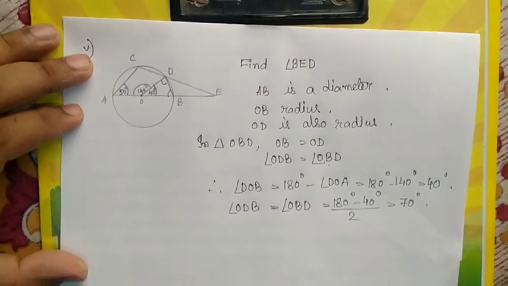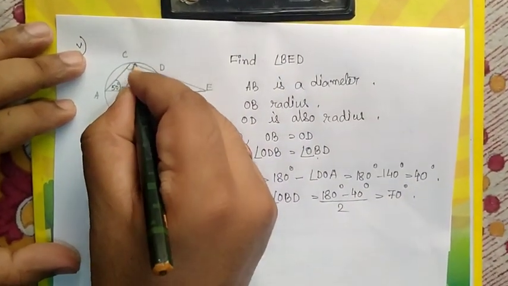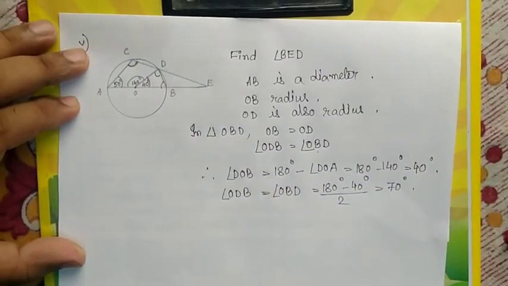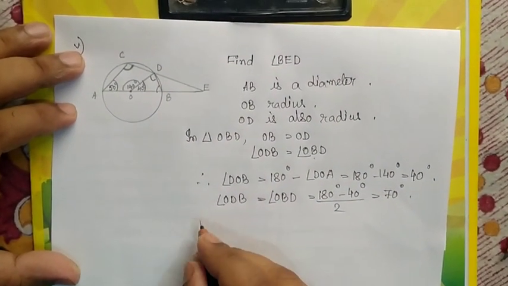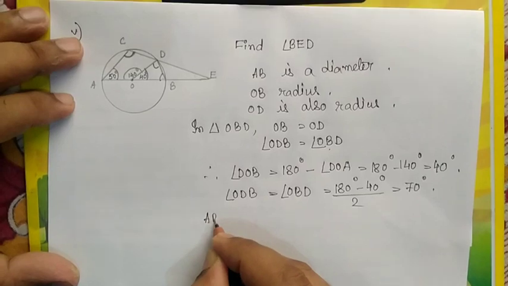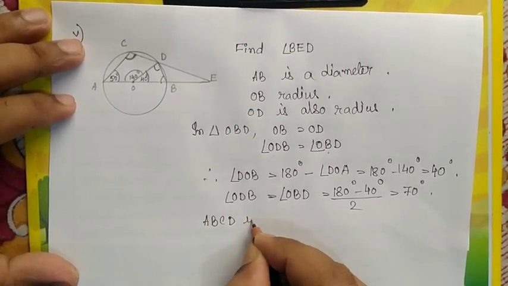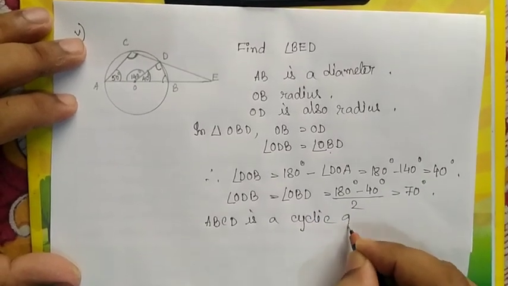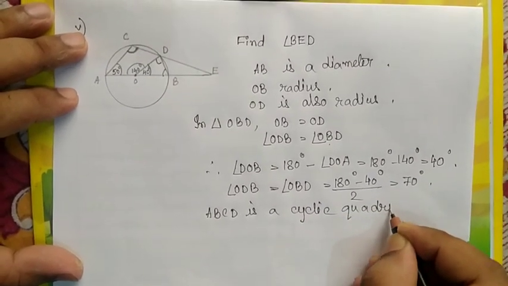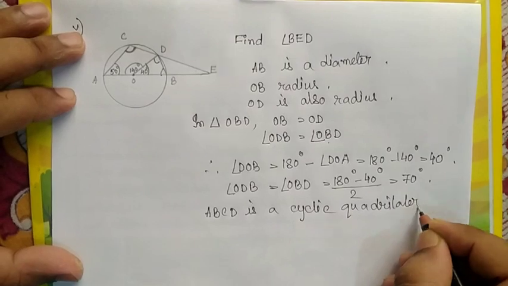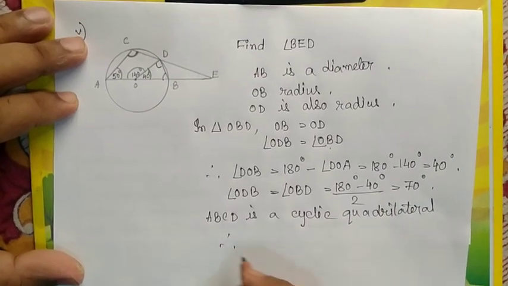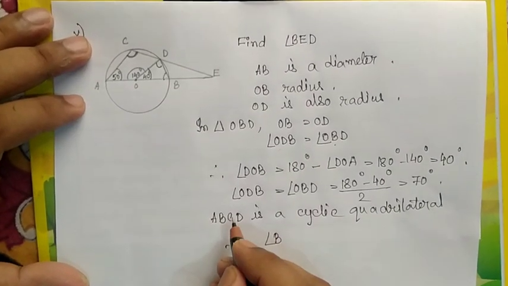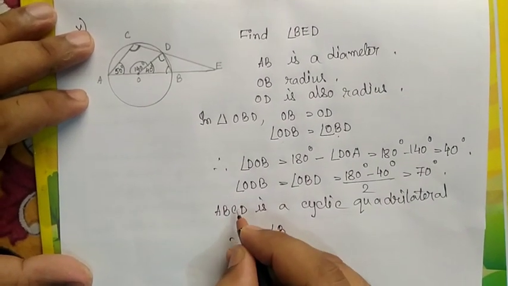Now after that, sum of these two angles are 180 degree. Why? Because ABCD is a cyclic quadrilateral, ABDC.